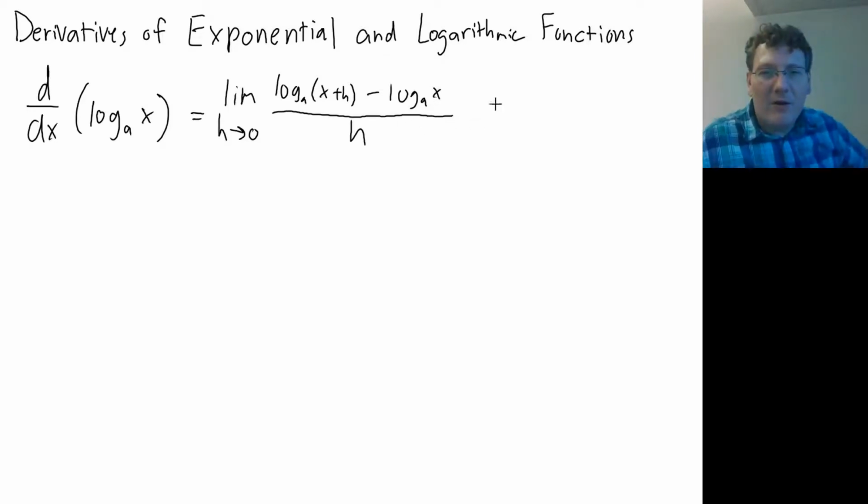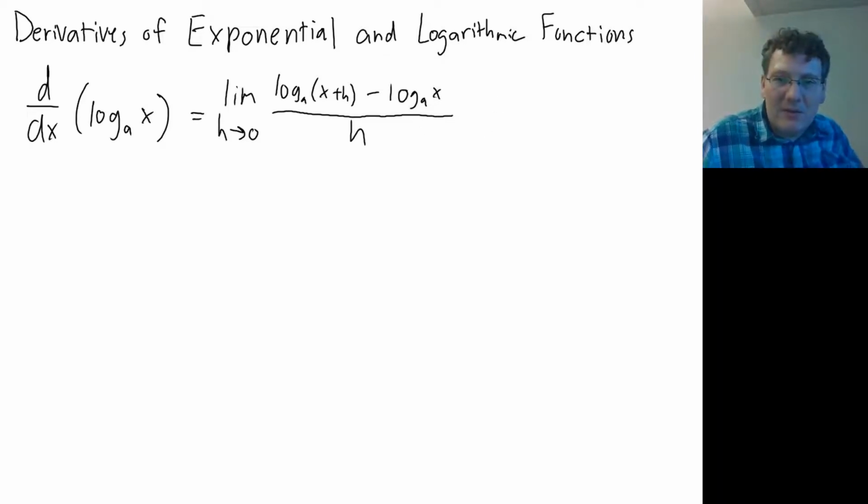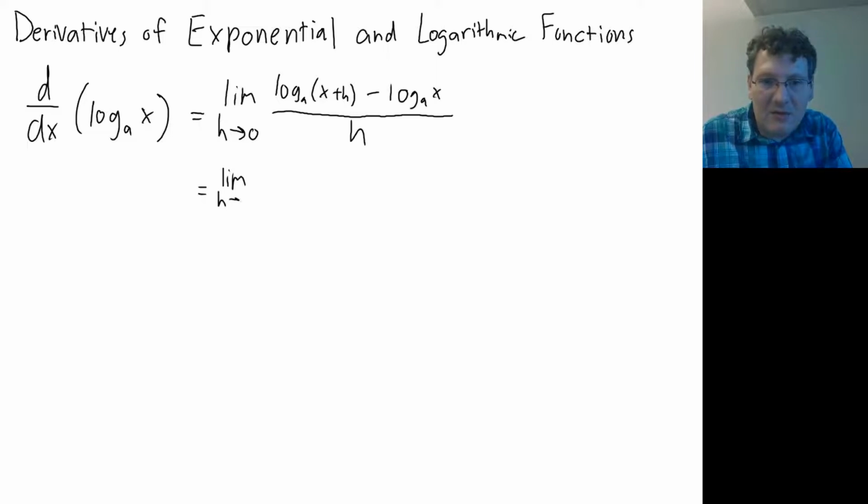Now, the first thing that we can do is combine those logarithms in the numerator as a single logarithm. This is the limit as h goes to 0 of 1 over h, pulling out that h, times the logarithm base a of x plus h over x.